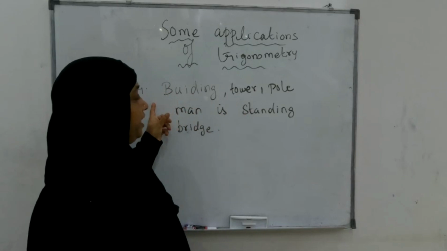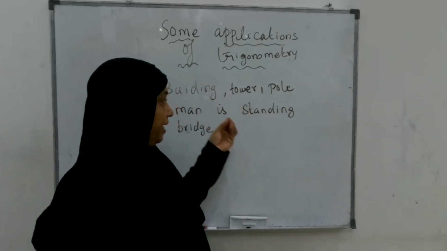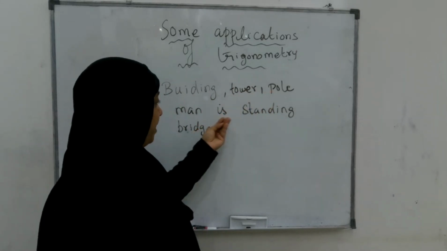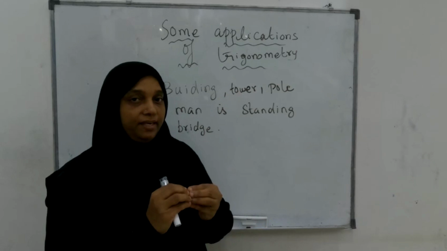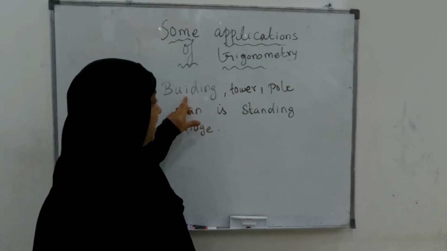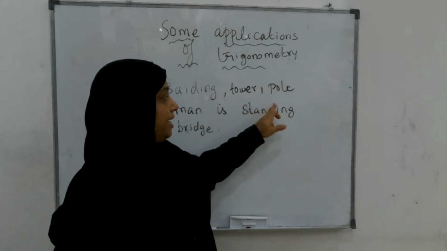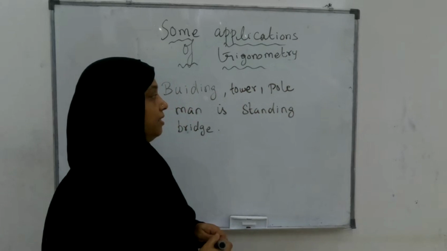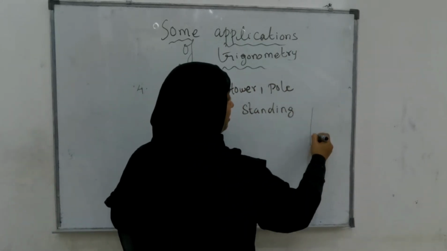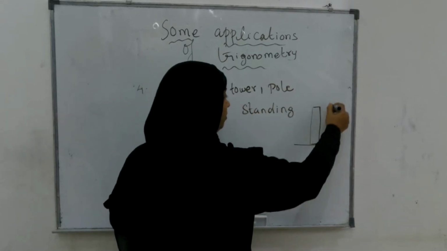The next point we need: in that sum they will use the words building, tower, pole, man standing, bridge. They use these words to represent the sum. How are these all standing on the earth? These are always perpendicular. A building is perpendicular, standing erect. A tower is also like this.